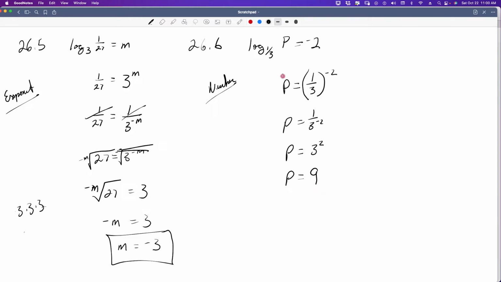So we simplified that basically. We just simplified it. And the reason the 1 remained the same is because it doesn't matter what exponent 1 has. 1 is always 1. Even if it's a negative exponent, if you give 1 a -2 and you flip it, it's still going to be the same.